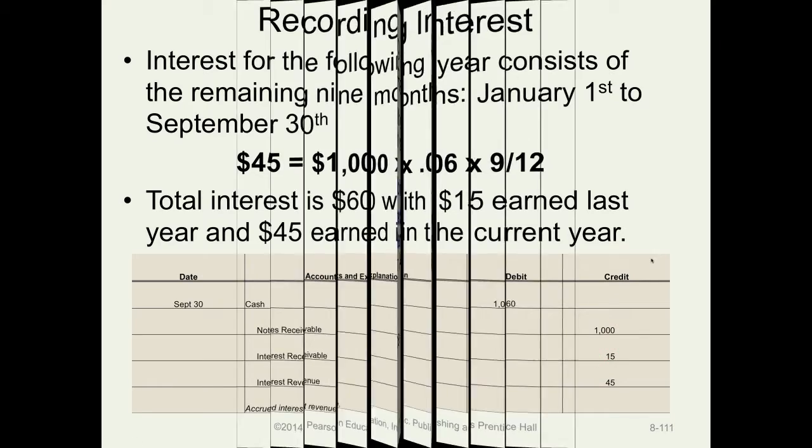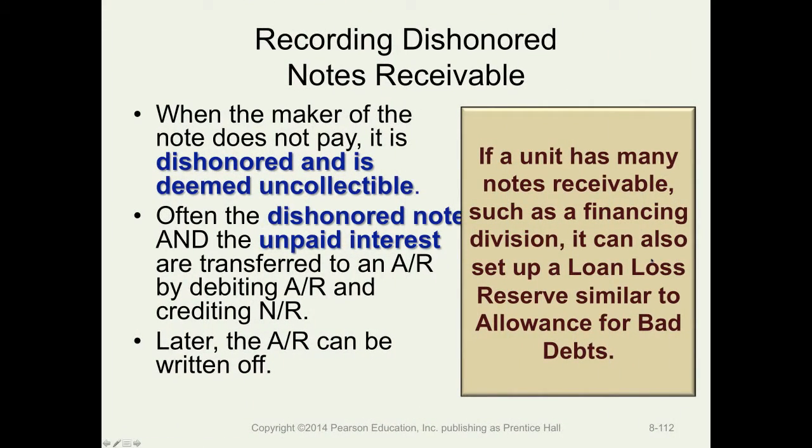And finally, in this module, we want to look at recording dishonored notes receivable. Now, an honored note receivable is when it's paid on time. If the maker or the debtor doesn't pay the note when due, it's dishonored and deemed to be uncollectible. When the note is dishonored on its due date, obviously the note is a worthless piece of paper.